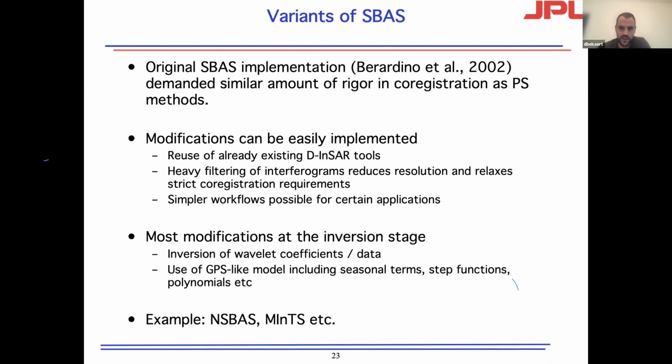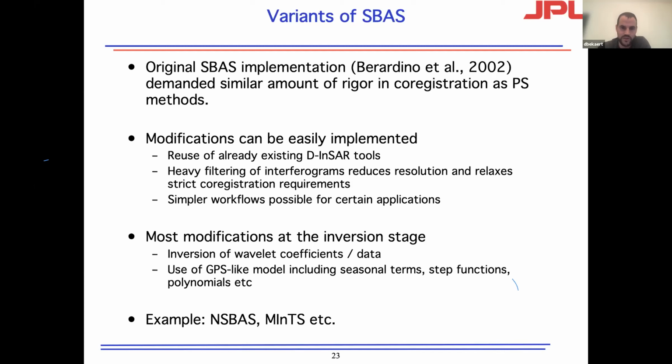So like I said, the original approach was done by Bernardino et al. It actually started off from the original full resolution co-registration method. So it was time evolving, but then over time there were modifications where, with additional multi-looking and the filtering, there was no longer a need to do the co-registration with such a careful approach.